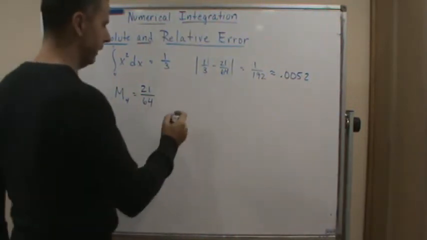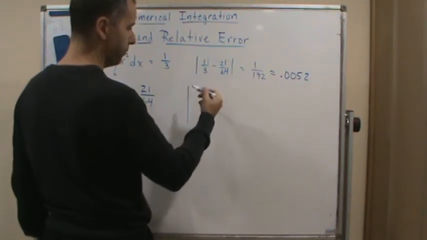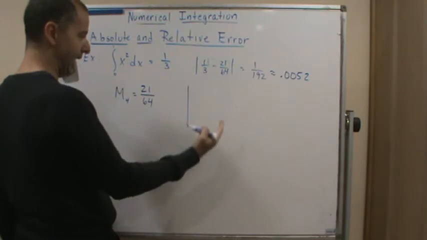Well, the relative error would be the absolute value of the ratio of the absolute error divided by the actual value.